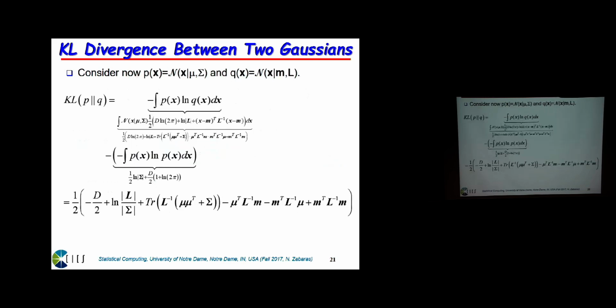And actually, you can do the same thing for two multivariate Gaussian distributions. If you know the means and the variances, you know what the distance is. And again, these formulas will be very handy when we work with variational approximation methods. So when you come up with the distance between two Gaussians, you know immediately what the answer is going to be, and you can use it.